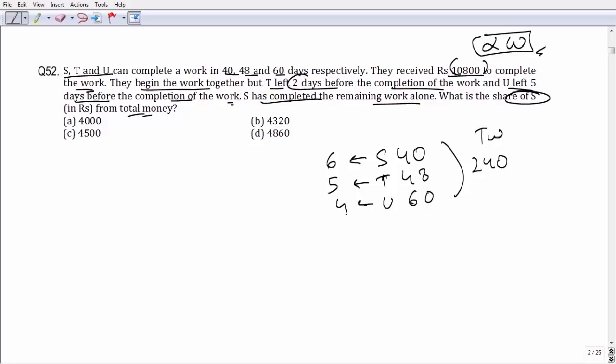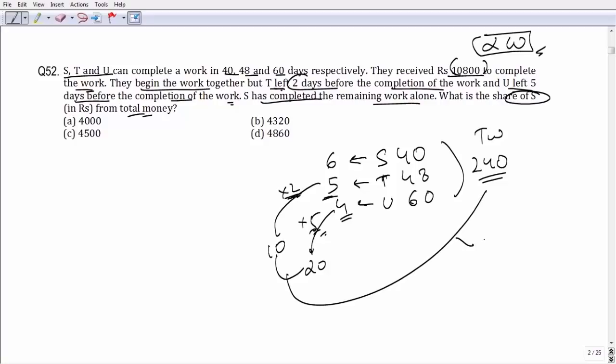Now, with a view that T has left 2 days before the completion of the work and U has left 5 days before the completion of the work, let's just make the two people work for these many days extra and then add that extra amount of work to the total work. So if we say with an efficiency of 4, if he works for 5 days, he'll do 20 units of work, and with an efficiency of 5 for 2 days, he'll do 10 units of work.